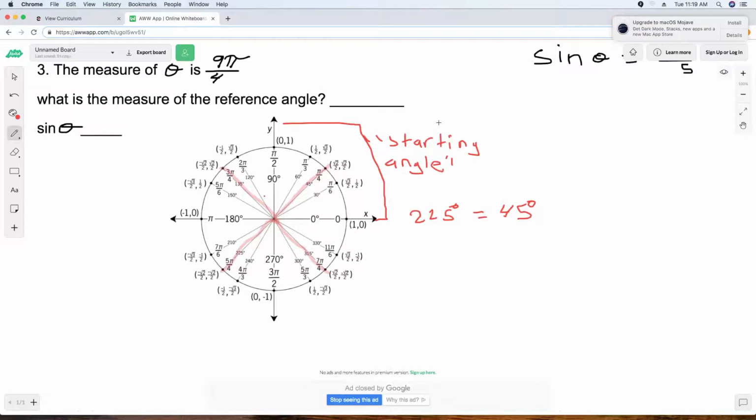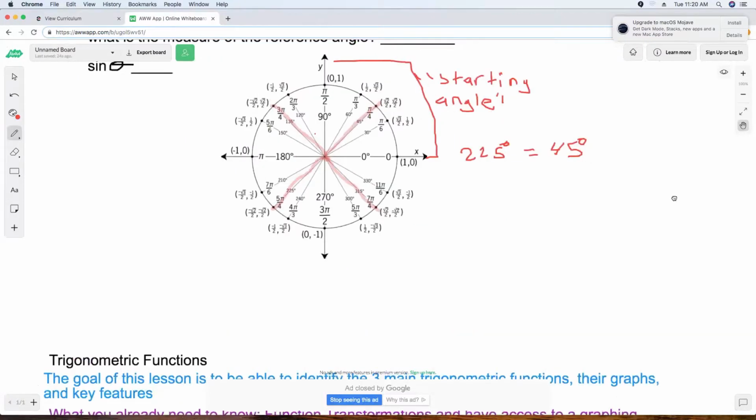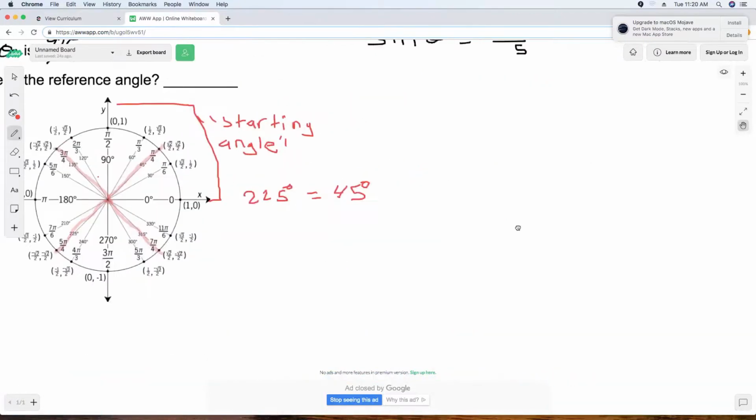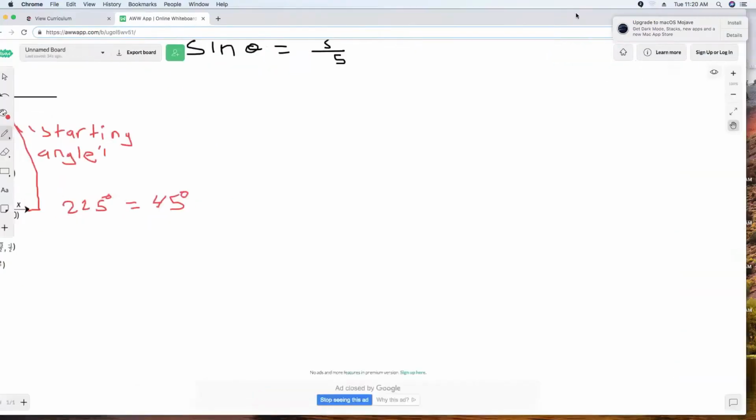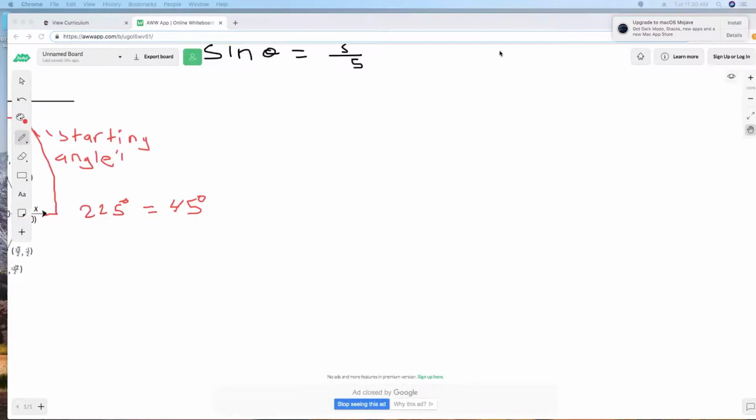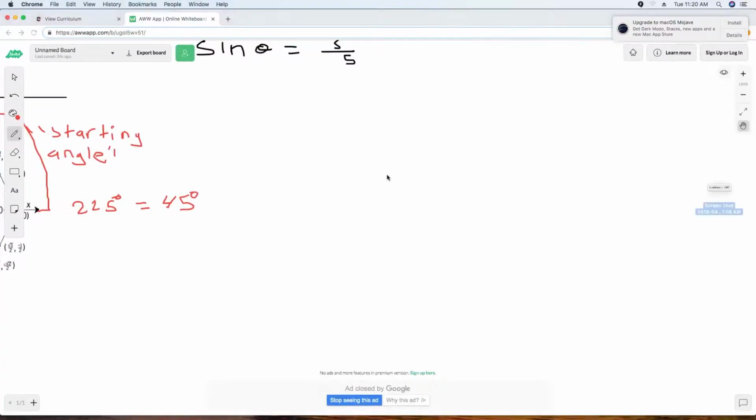Okay, perfect. All right, now let's try to figure out what is 9 pi over 4 as an angle. Okay, so let's figure it out. I'm going to go here because I'm running out of space. Your tutorial mentions that pi radians is equal to 180 degrees.